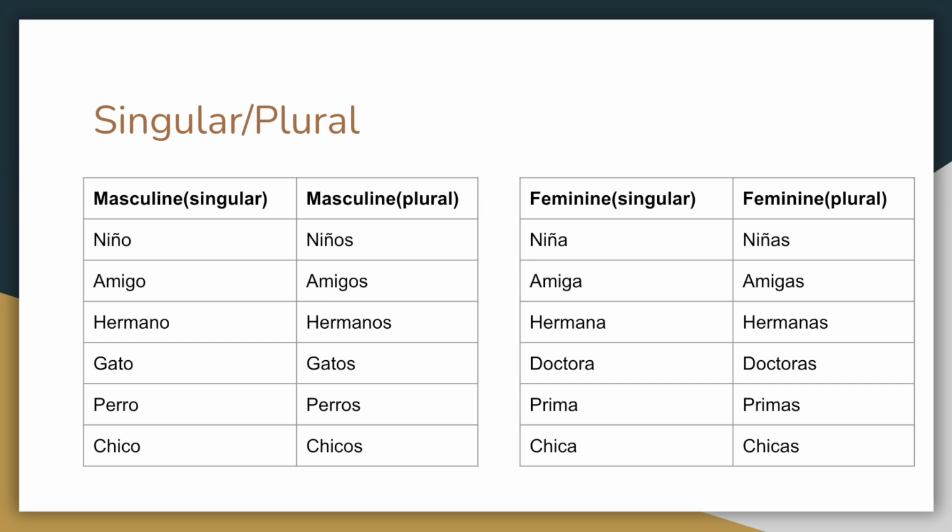If we look at the first row, niña and niñas, they're both feminine because they both end in an A. But niña is feminine singular because it doesn't have an S, and niñas is feminine plural because it ends in an AS. Like chica and chicas, they're both feminine, but chica is feminine singular because it doesn't end in AS, it only ends in A. And chicas is feminine plural because it ends in an AS.